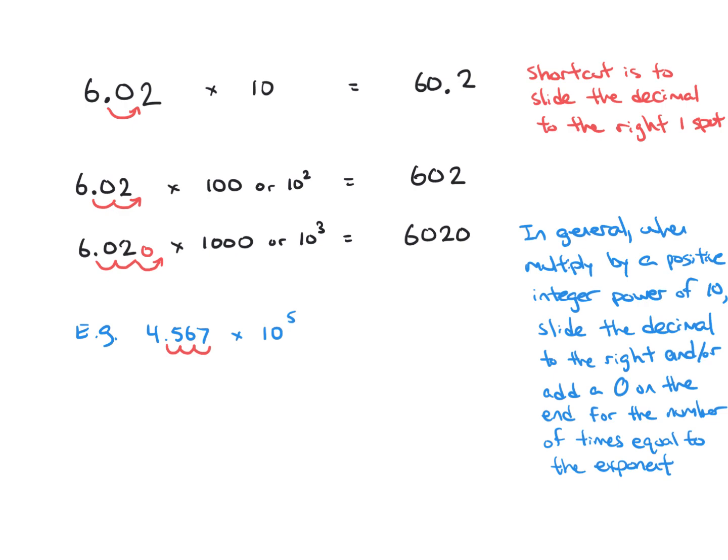So I have to add 2 zeros. Okay, 4, 5. So that's 5 places overall. The answer is going to equal 4, 5, 6, 7, 0, 0. Okay, so that is multiplying by a positive integer power of 10.